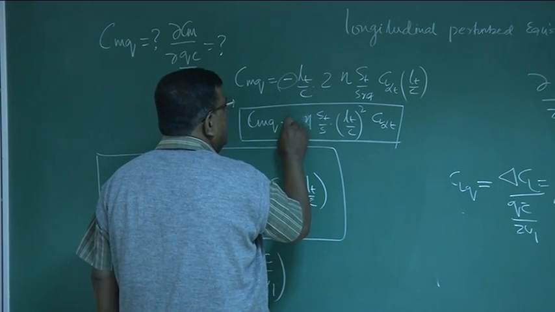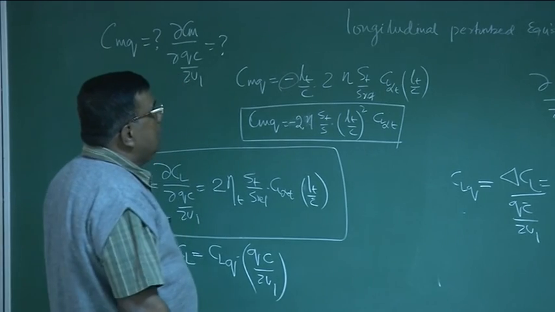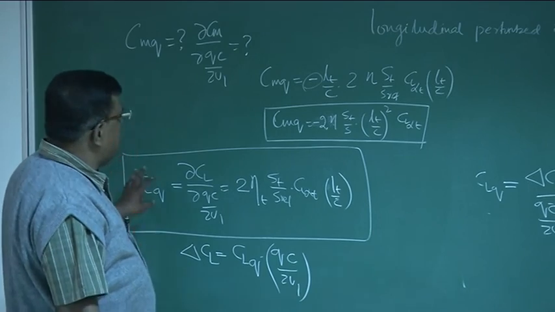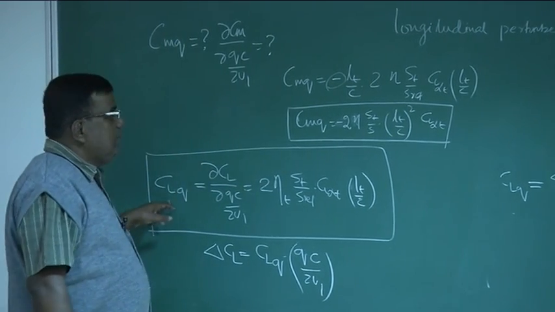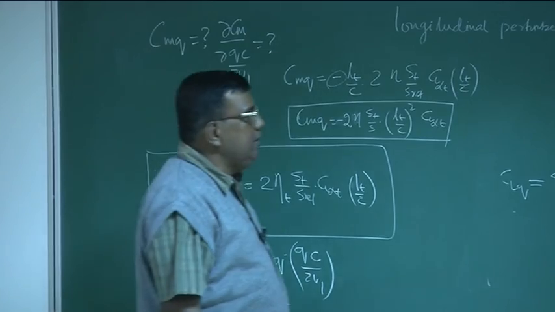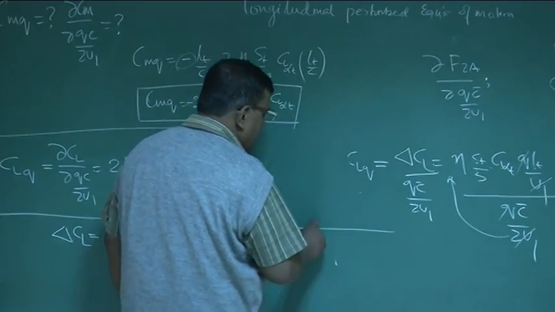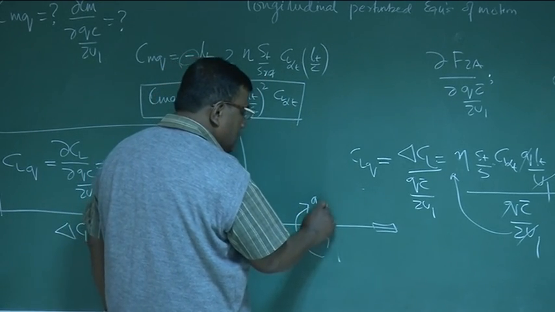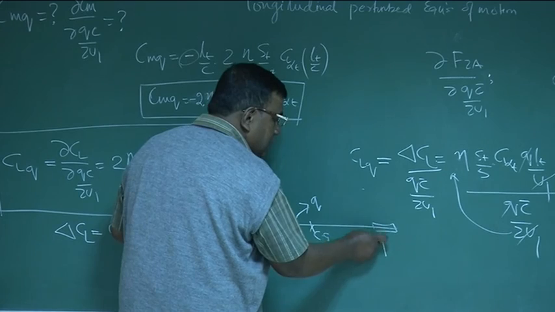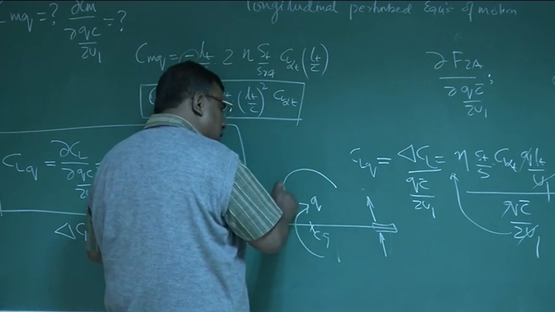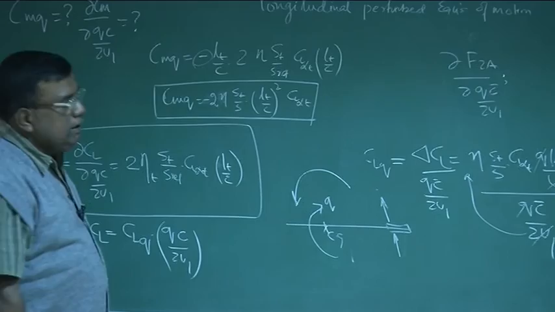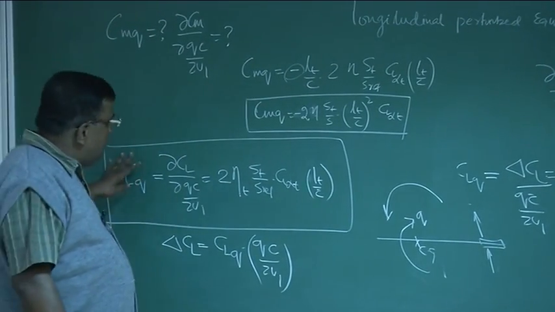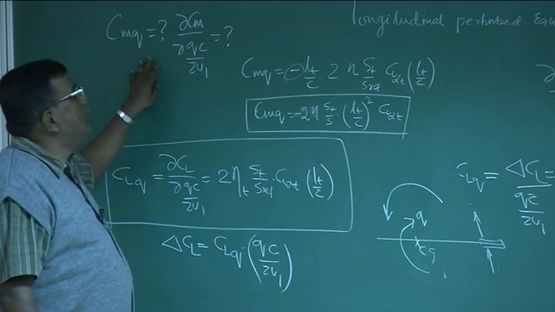So we know the expression of CMQ, we know the expression of CLQ. CMQ sign is negative, that's very well known. If this is CG and this is the tail, and I am giving a Q like this, the tail is going down, so relative velocity is like this, the delta CL is here, and delta CL will give moment about CG nose down. So that is why this minus sign is here. So we now know the expressions for CLQ and CMQ.